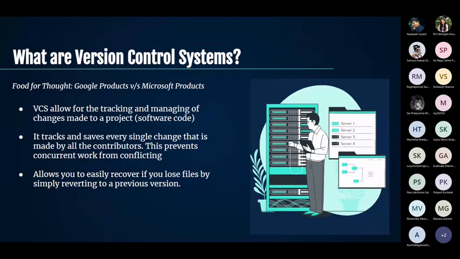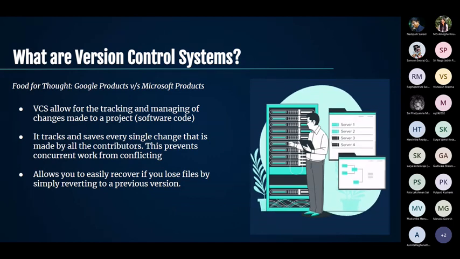Suppose you have 10 versions and due to some fault of yours, you lost version 10. That is okay, because you always have version 9. Of course, version 9 does not have all the changes that version 10 has, but you just have to make those few changes rather than starting the entire project from scratch. That would be even more tiresome, right?